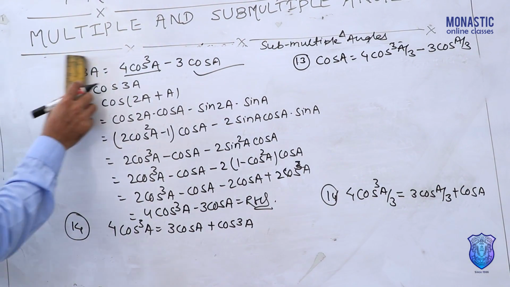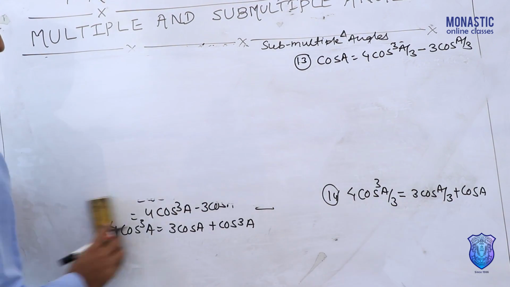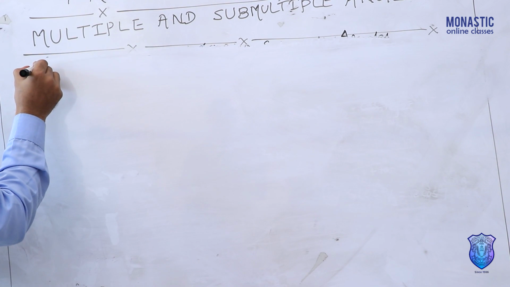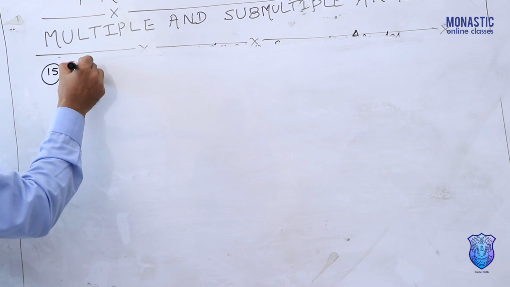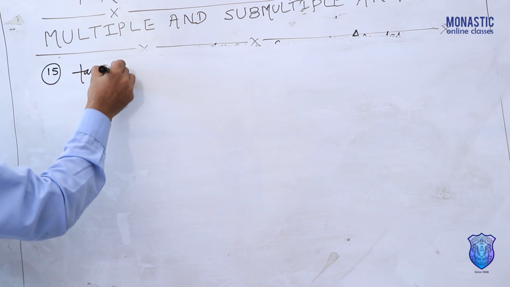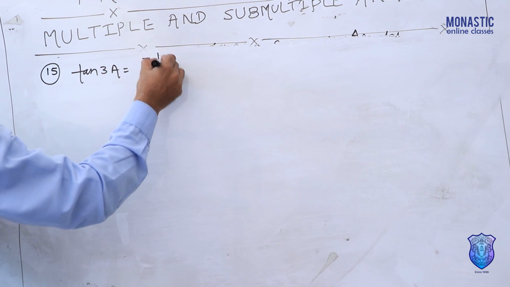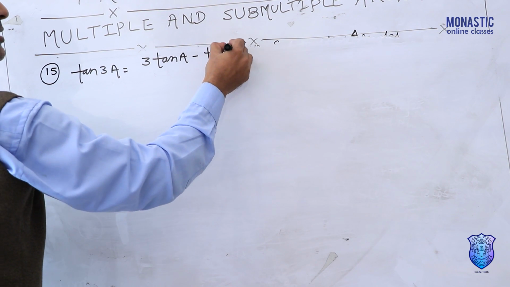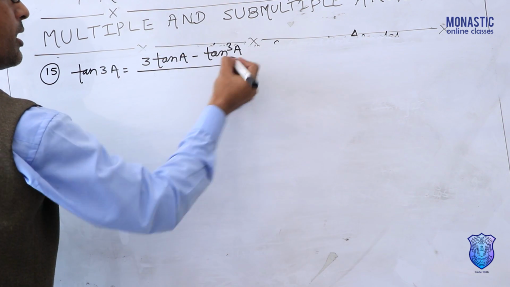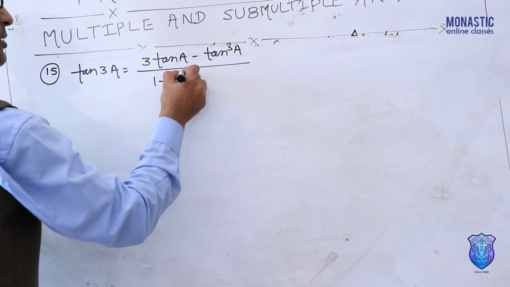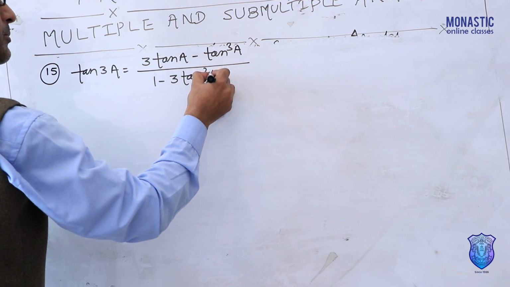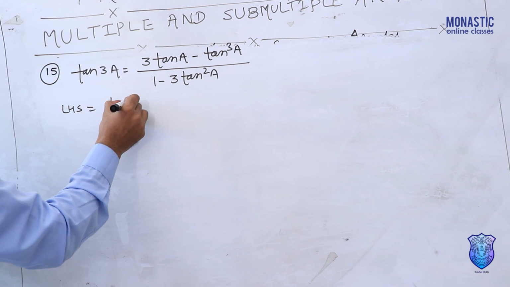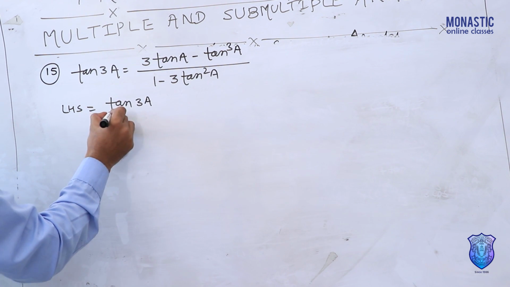Then we have the formula of tan 3A. Tan 3A formula is 3 tan A minus tan cube A by 1 minus 3 tan square A. For proof, same process we have to do.